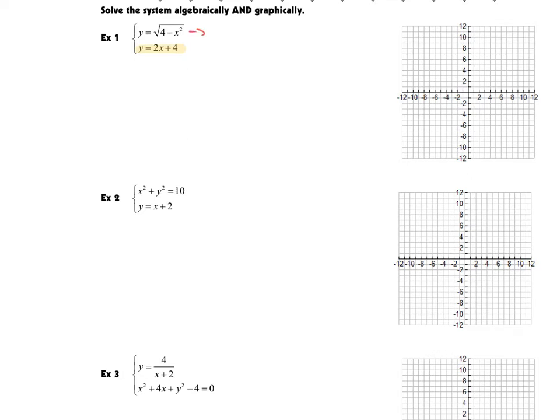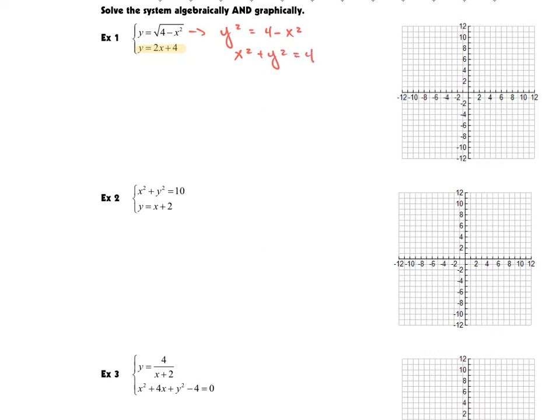So the hint that I'm going to tell you is thinking about getting this into a form that we're familiar with. So if we square both sides of this equation, we'd get y squared equals 4 minus x squared, because I'm trying to get rid of that square root. And then I move my x squared to the other side. I'll have x squared plus y squared equals 4.